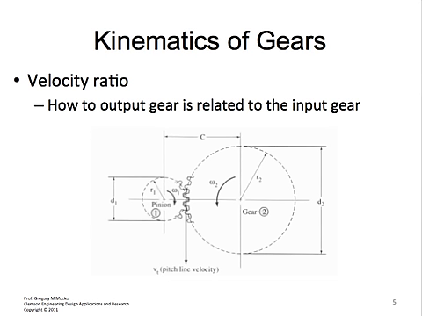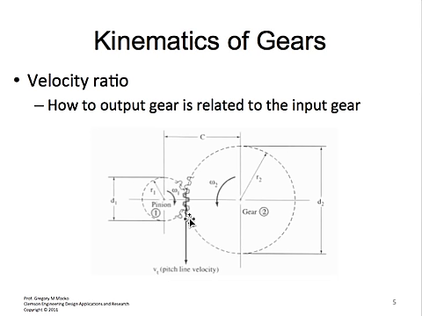If you look on page 273, this image is taken from that page in the book. We've talked about it before: when we look at the pitch line velocity, this pitch line velocity occurs at the pitch circle. So if you look at this figure, we've got teeth that are meshing, and it goes over the pitch circle, and it's less than the pitch circle.